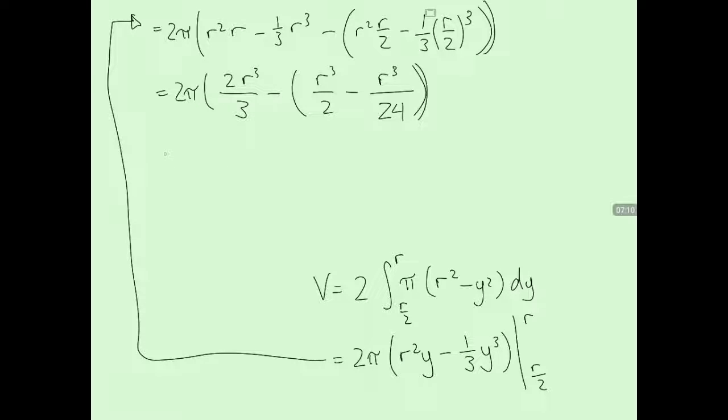So we can keep going and get 2 pi, and we'll make all of the terms equal to the lowest common denominator.